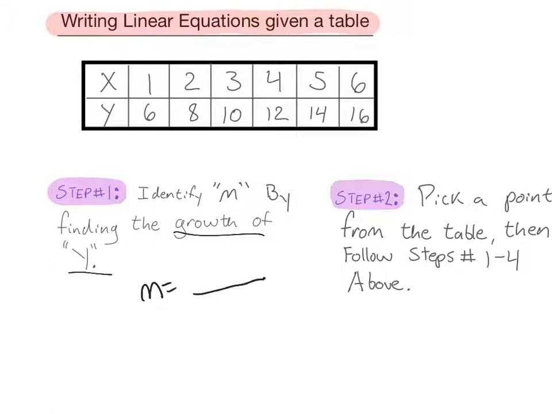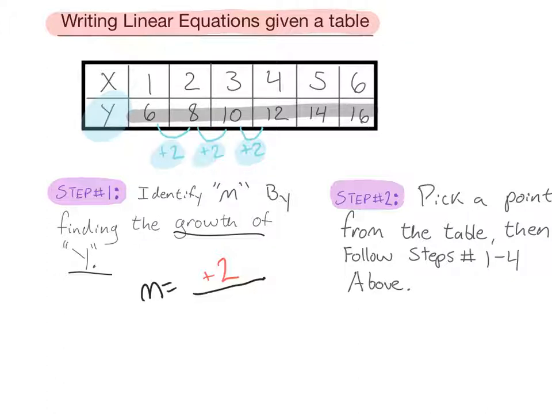So here is y, and we're going to look at its list of numbers, and we're going to find the growth between them. So starting from 6 to 8, how do we get from 6 to 8? We add 2. 8 to 10, add 2. 10 to 12, add 2. So notice that our growth every single time we are adding 2. Therefore, our M is going to be a positive 2.